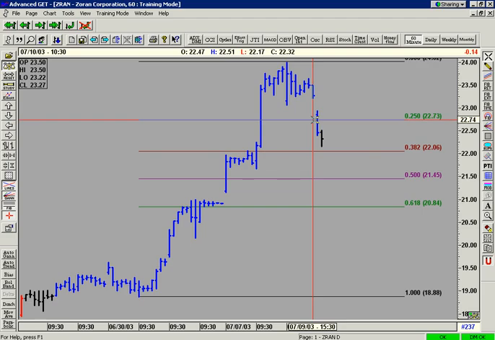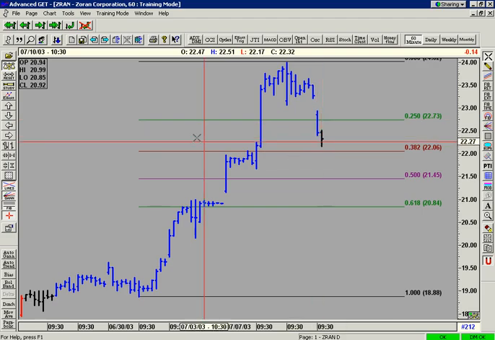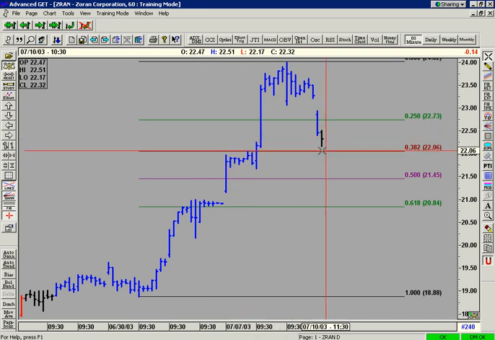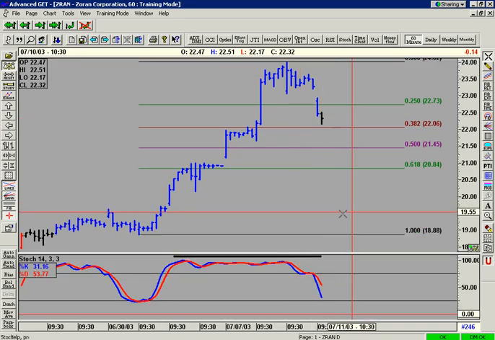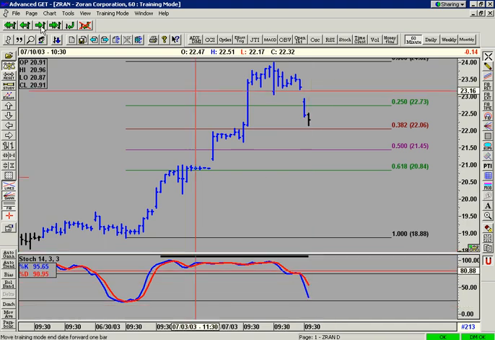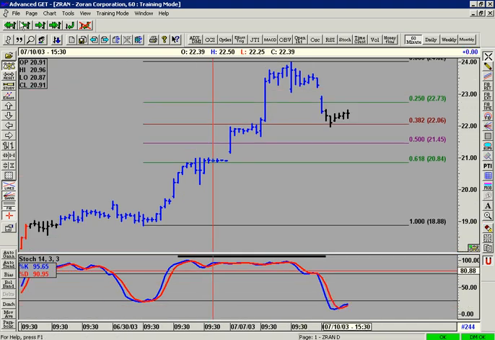And you'll notice that we still have blue or black bars. We don't have anything red at this point in time. This is a possible opportunity for an XTL continuation trade. I'm going to bring up my stochastics, and you'll see that the stochastics are traveling downward. Let me add a couple more bars here.